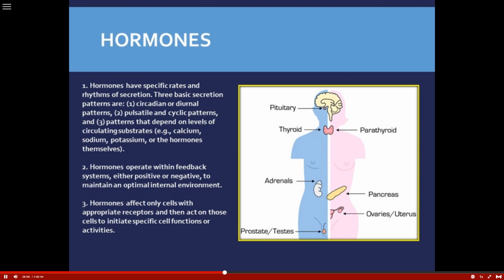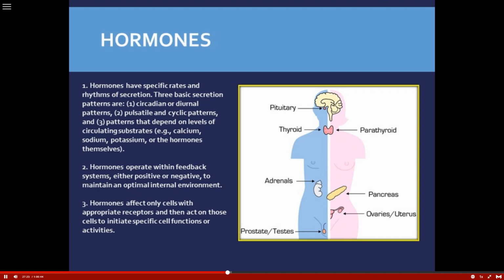So there's kind of three basic patterns, circadian or diurnal patterns. We talked about circadian rhythm when we talked about sleep deprivation, and we know what happens with sleep deprivation, right? Cortisol is the heavy hitter there, and we know all the potential pathological processes that can come with that.